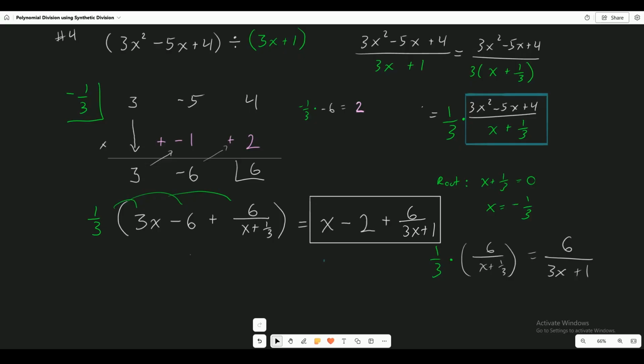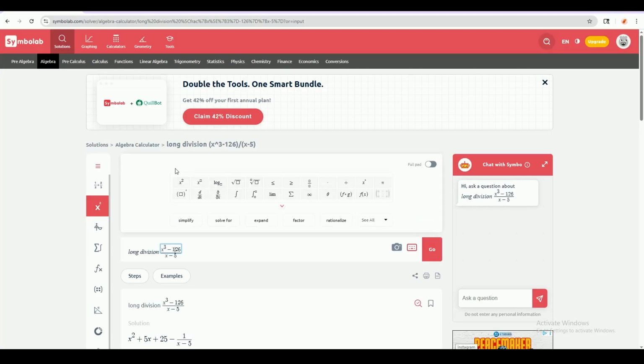Now let's verify my answer. x minus 2 plus 6 over 3x plus 1. We're going to enter our original one and see what we get. So it was 3x squared, so let me rewrite that. 3x squared minus 5x plus 4 divided by 3x plus 1.